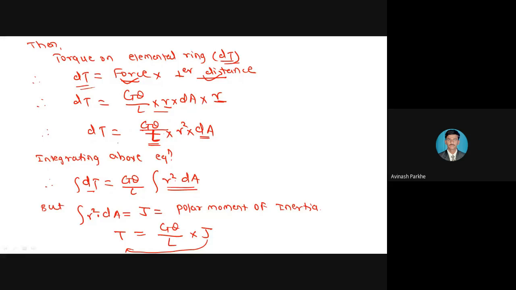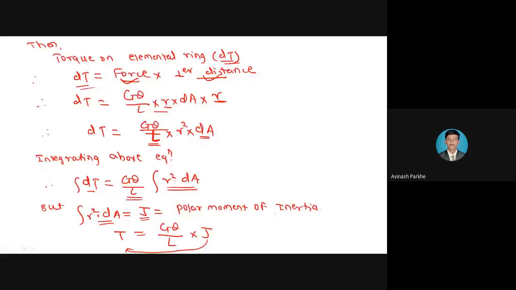Again, we integrate that particular equation. Therefore, integration of dT is equal to G theta by L, which is constant, into integration of r square into dA. But you know the value is directly given: integration of r square into dA is equal to J, which is called the polar moment of inertia.